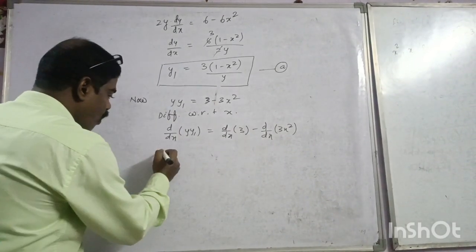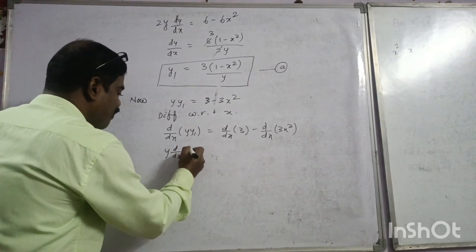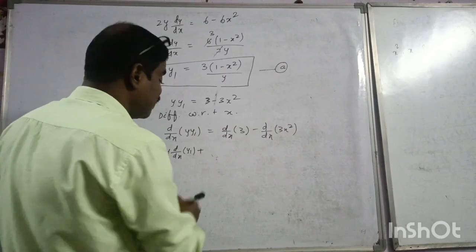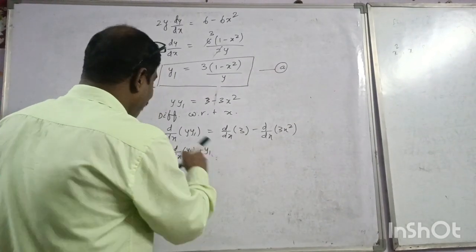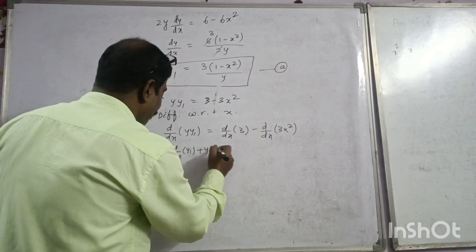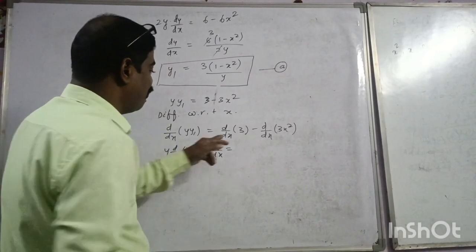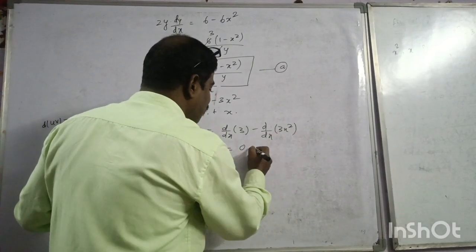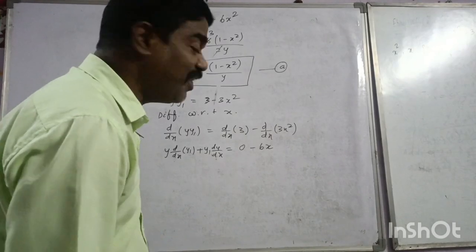So tell me, y into d by dx of y1 plus y1 into derivative of y, dy by dx, is equal to derivative of 3 which is 0, minus derivative of 3x square which is 6x. Are you getting my point?